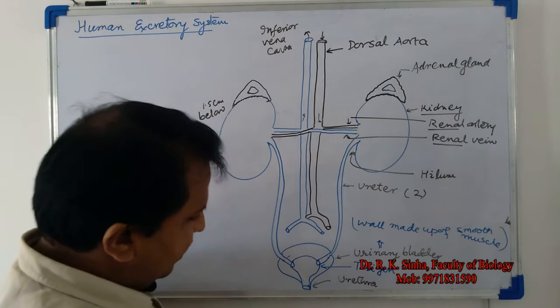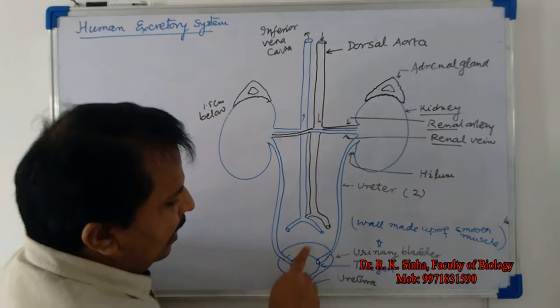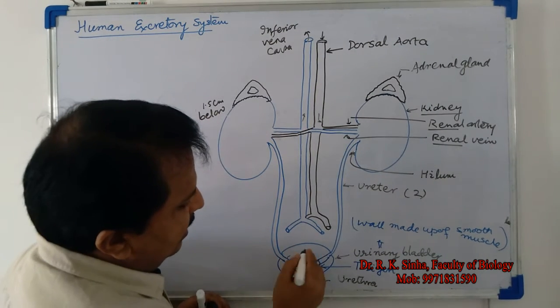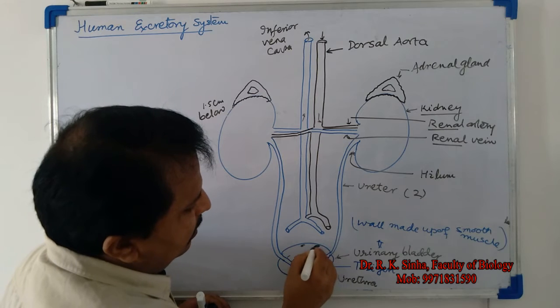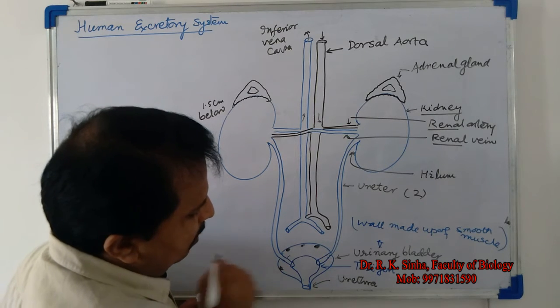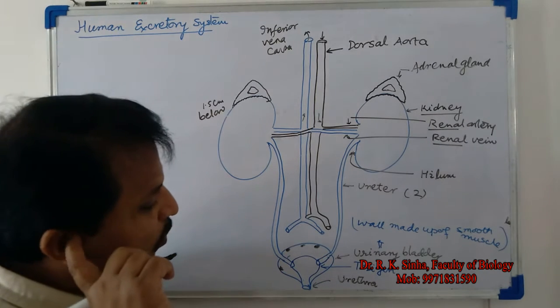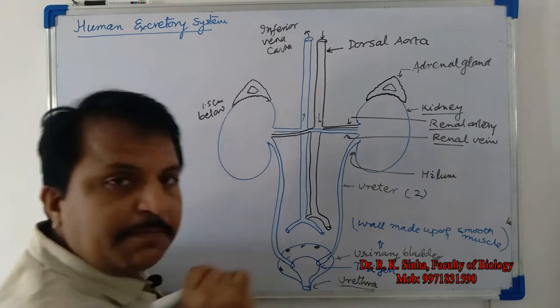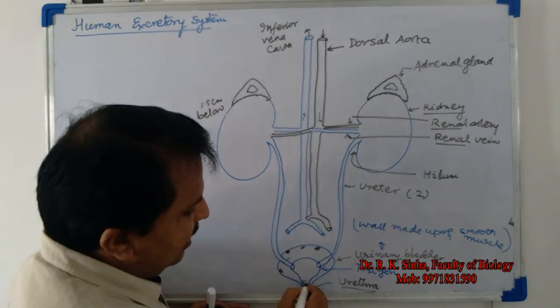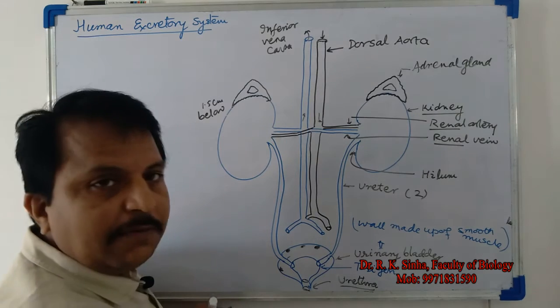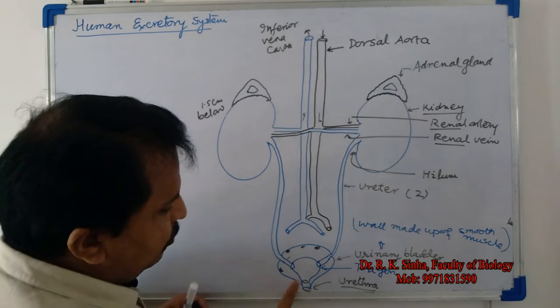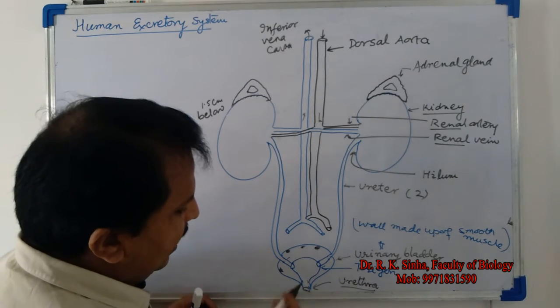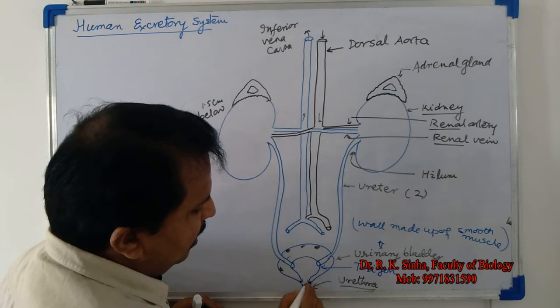The urethra has two sphincters, an internal sphincter and an external sphincter.